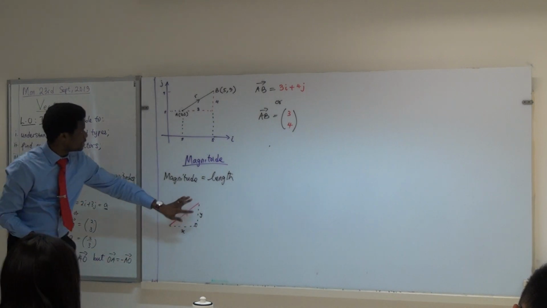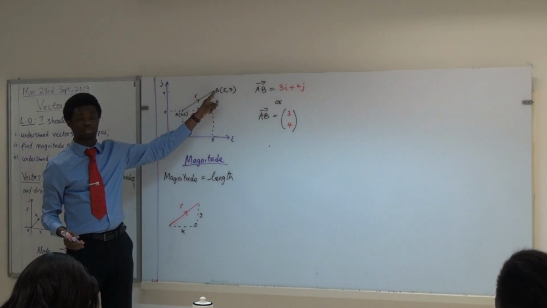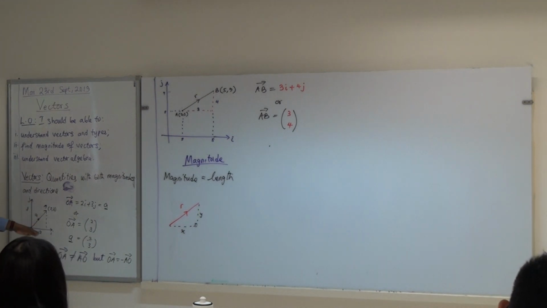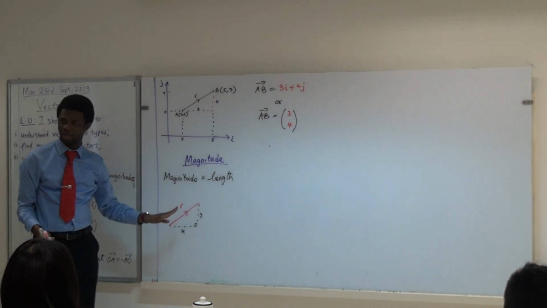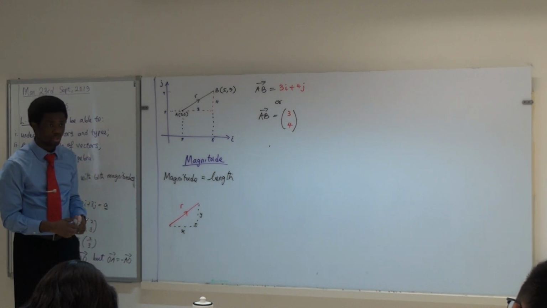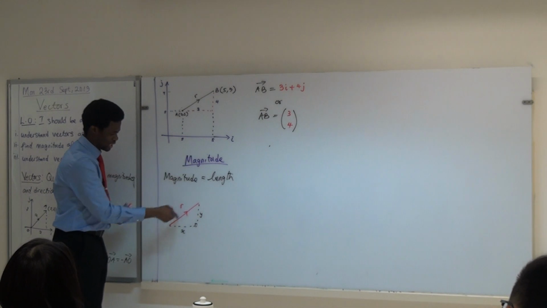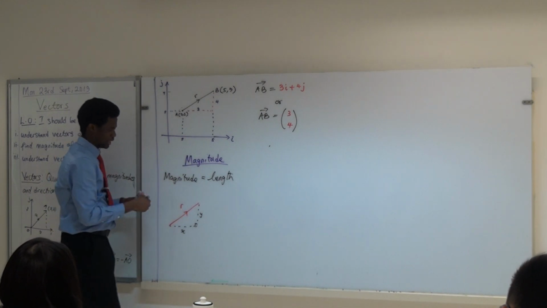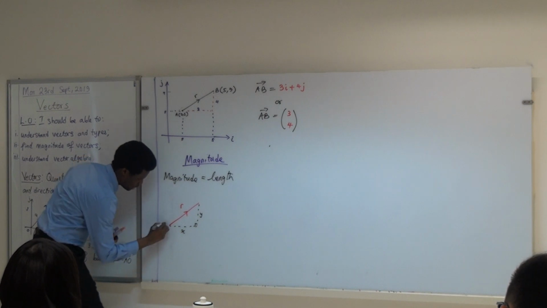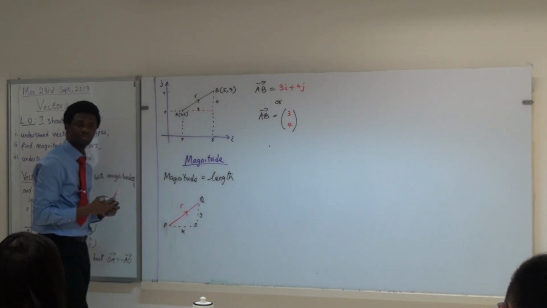They could be the 4 and 3 that we got by subtracting, or just 2 and 3 that we got from the origin. So I just call them x and y. We don't know where the origin is, we don't care. So the length of this vector is the length from here, say P, to Q.